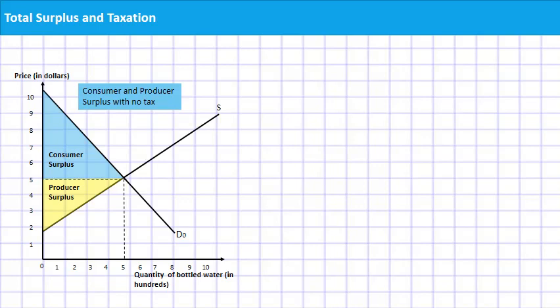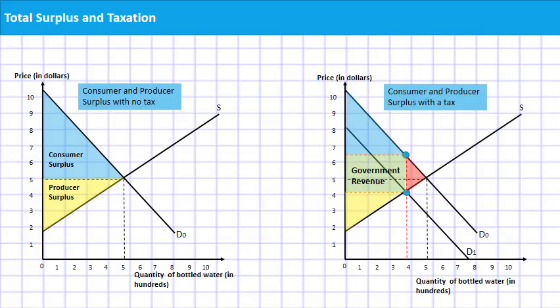Okay, so what happens to total surplus when a tax is involved? So you see here consumer and producer surplus with no tax, what we just looked at. So resources are allocated efficiently, they're good to go. That total surplus is consumer plus producer. So when you introduce a tax, though, here's what happens.